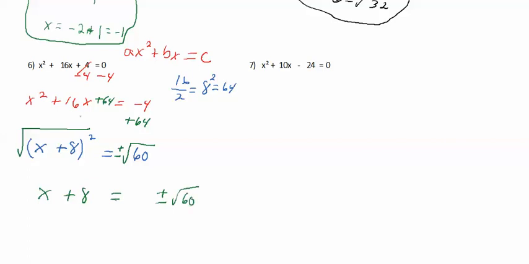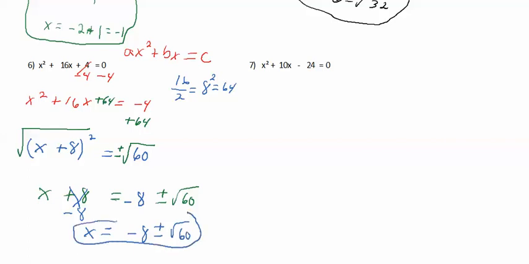Final step, get x by itself, so I'm going to subtract 8, get rid of that, so my x is equal to -8 plus or minus the square root of 60. And at this point again, we haven't learned how to simplify, so we're just leaving this as our final answer for today.